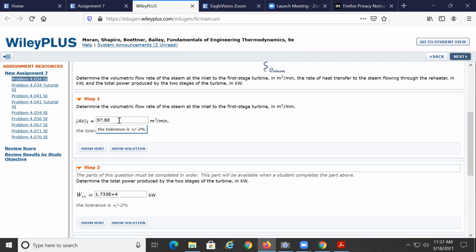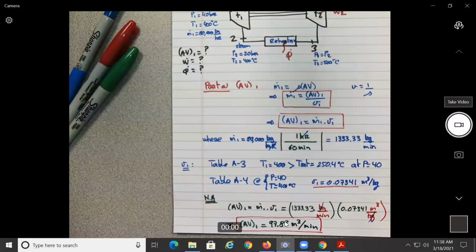So 97.88, and the unit should be cubic meters per minute. Which is the value that we had, no?